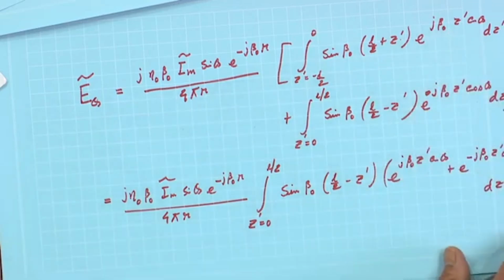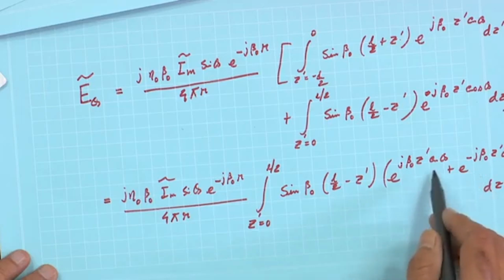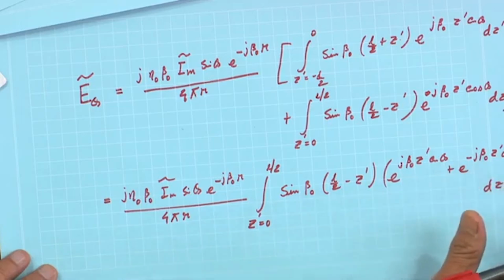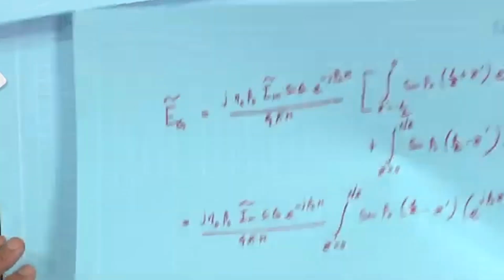Now you can note that this is nothing but we can replace this e to the power j theta plus e to the power minus j theta, meaning a cos term will come extra.